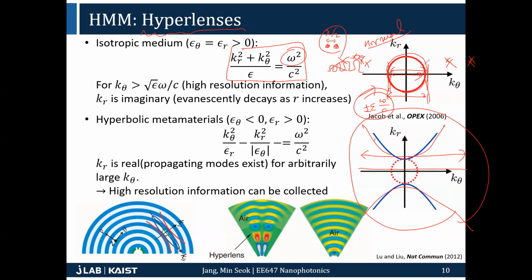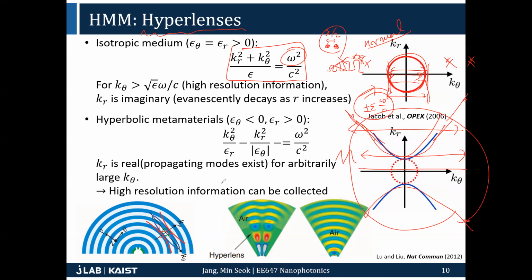So it's not a limited K vector range, but an unlimited K vector range in the hyperbolic medium, so that no matter how fine your image is, you can always find an associated K vector that can propagate in the medium. So like in here too, you can have sub-diffraction limit imaging by using these hyperbolic metamaterials.